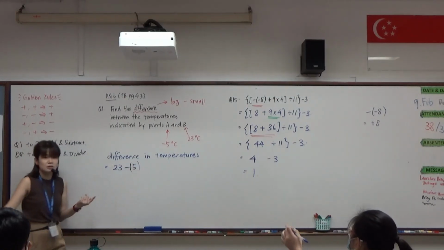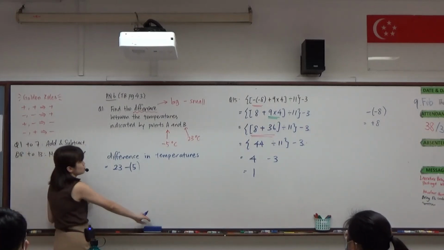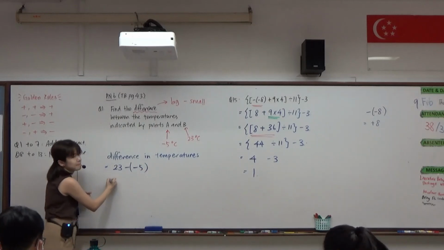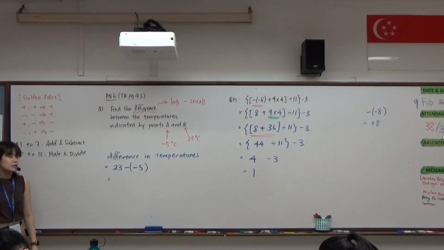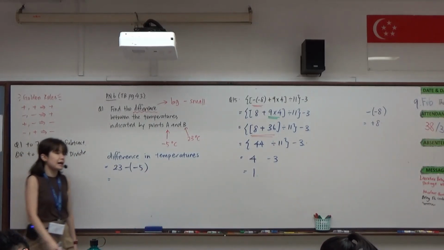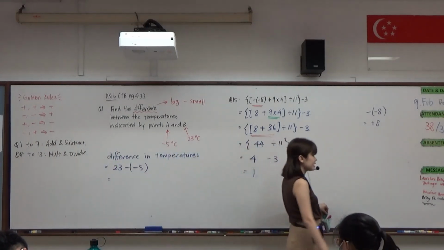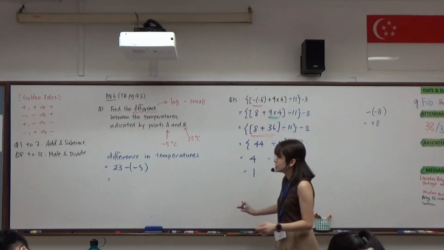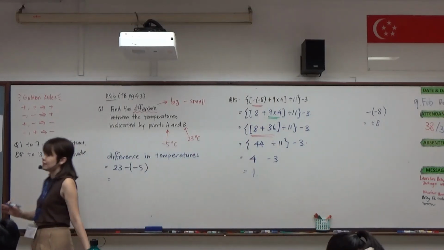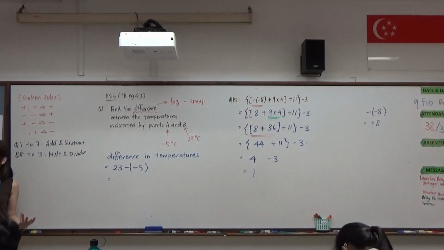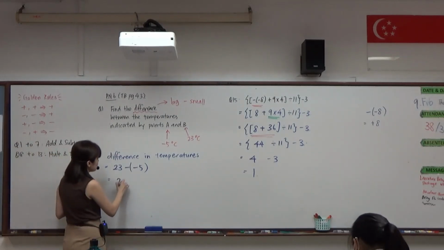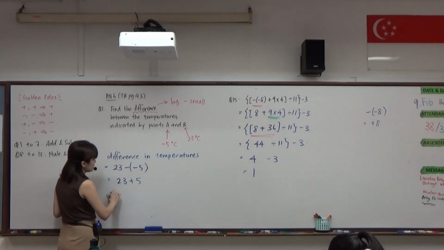Yes, minus, with -5 in brackets. So 23 minus -5, what is our next step? Kyra? 23 plus 5, good, and we will get 28.